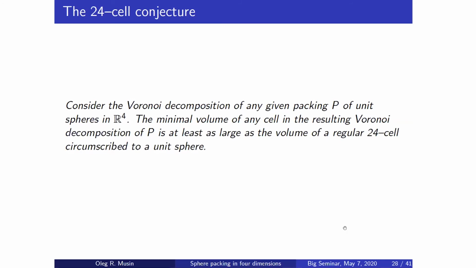Consider a Voronoi decomposition of any given packing P of unit spheres in 4 dimensions. The minimum volume of any cell in the resulting Voronoi decomposition of P is at least as large as the volume of a regular 24-cell circumscribed to a unit sphere.